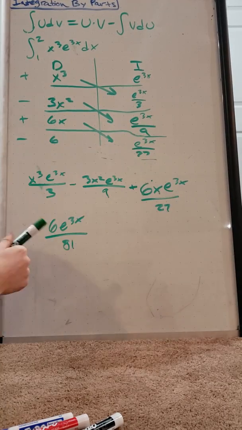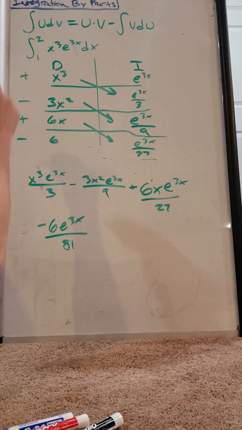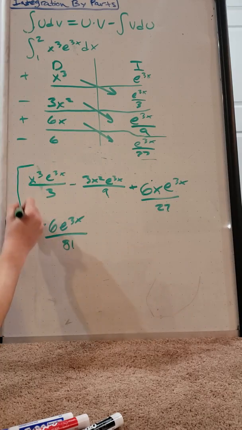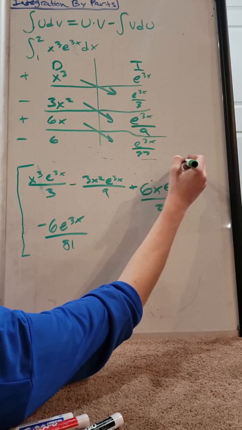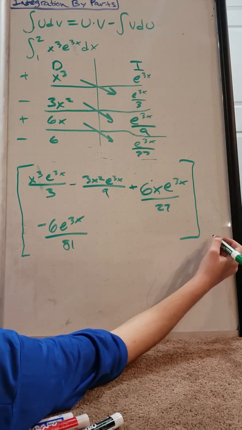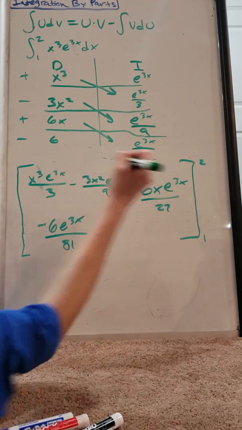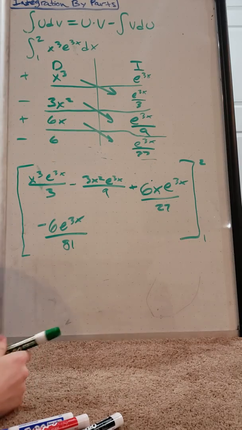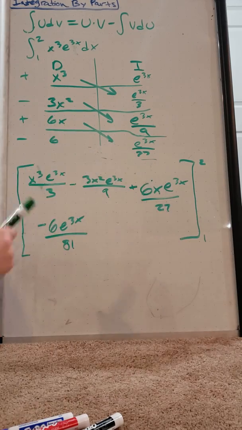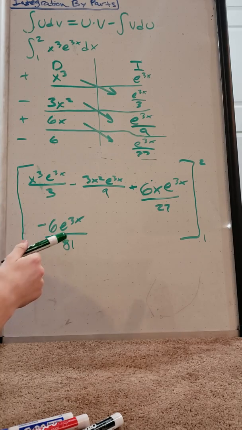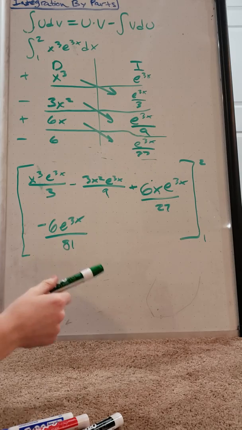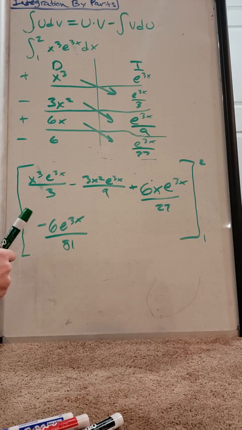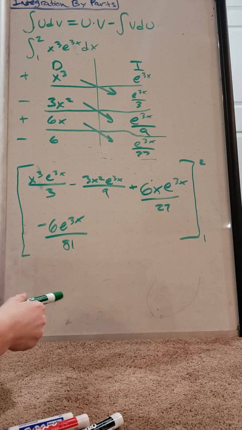Since we have a definite integral, you just evaluate all this from 1 to 2. Plug in 2 for all this, then plug in 1 for all this, and then subtract them, and that would be your answer.